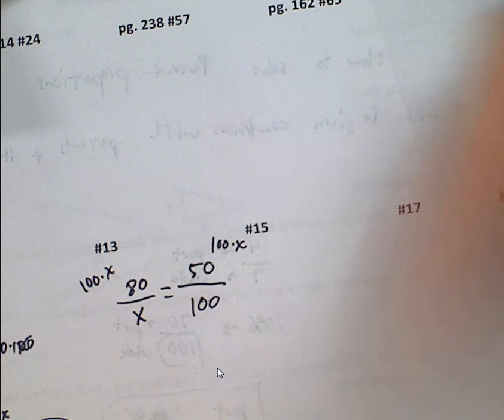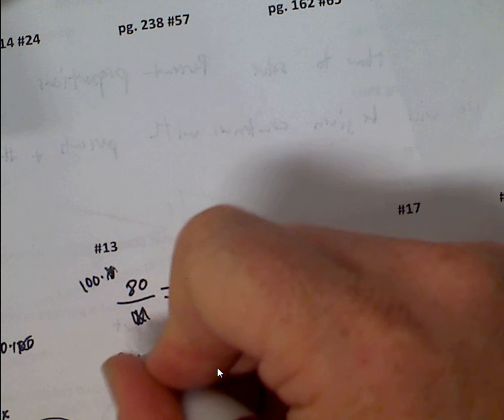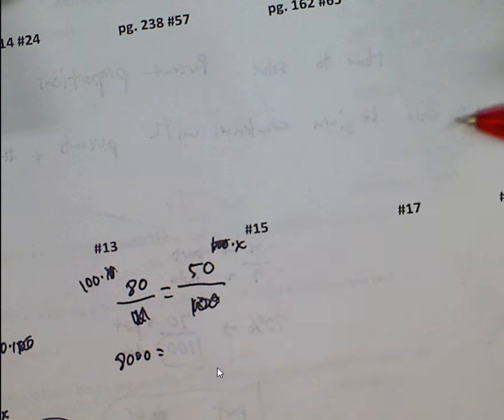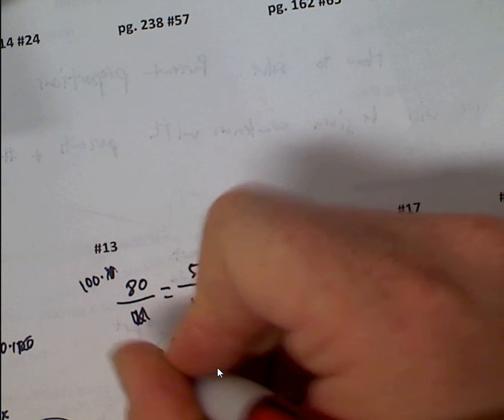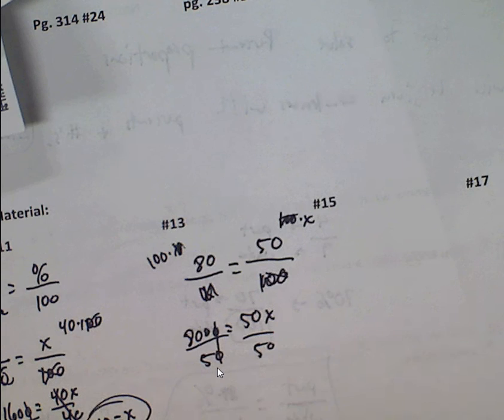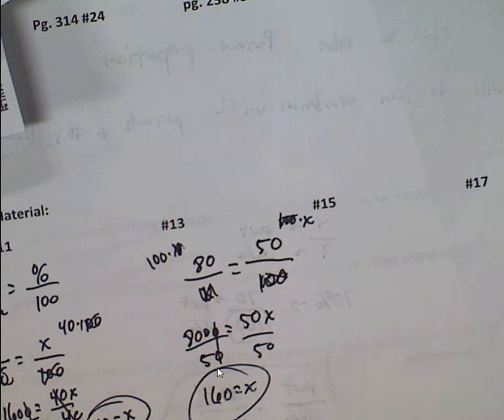My x goes away, so I'm left with 8,000 equals, my 100 goes away over here, 50x. If I divide by 50, I know my zeros could cancel. So 800 divided by 5 gives me 160. So 160 equals x.